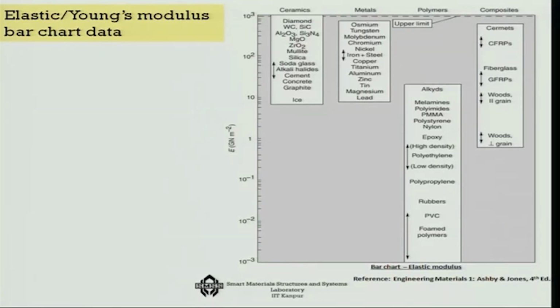So, it has a higher stiffness, that means a higher modulus of elasticity. Now, this is depicted in a beautiful chart from Ashby and Jones, and that gives the elastic modulus for different groups or types of materials.